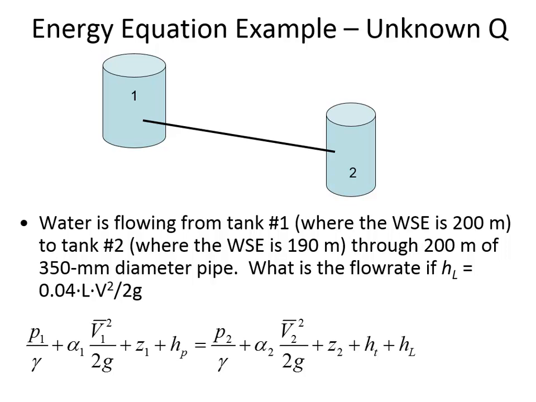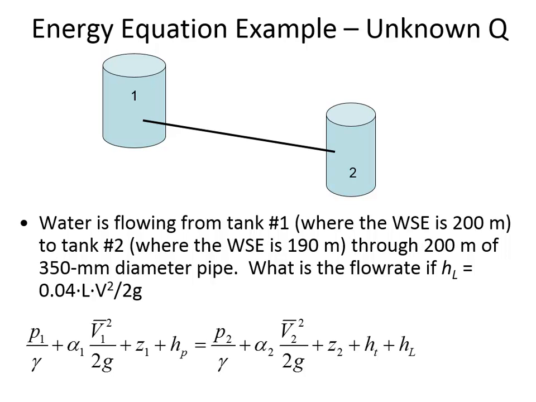So all we've got is a change in elevations and the equation we're going to use to characterize head loss. And so Z1 was 200 meters, Z2 was 190 meters, and then the head loss is 0.04 L V squared divided by 2G.